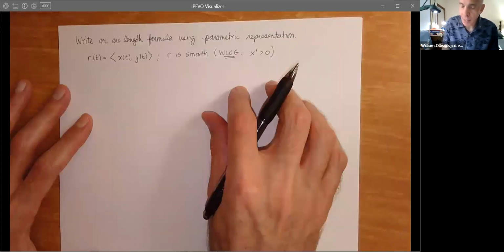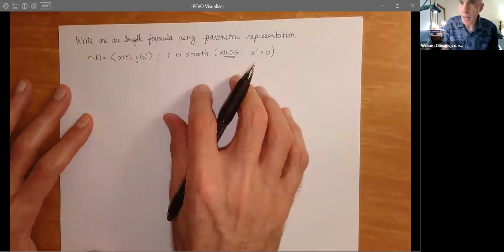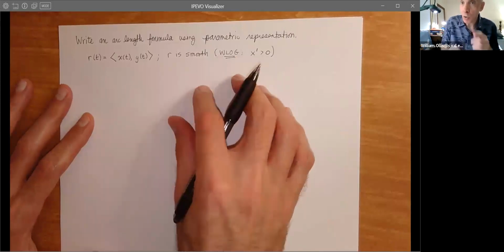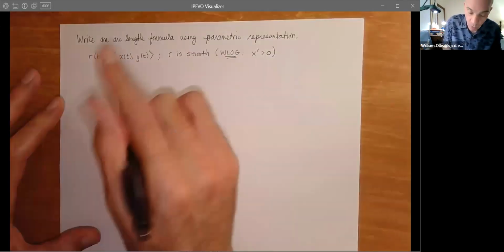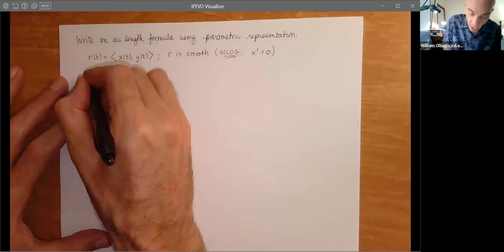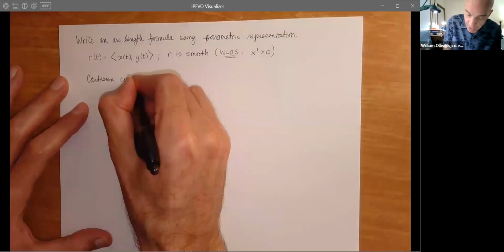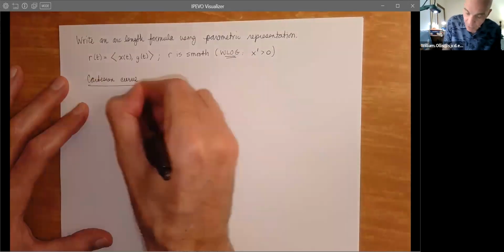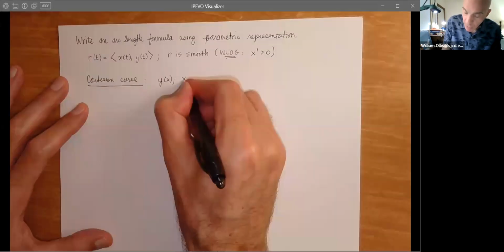So basically here, we're going to move from a Cartesian curve to basically a parametric curve. So I'll just say the Cartesian curve, just to set this up, will just be y of x, where x lives between a and b.